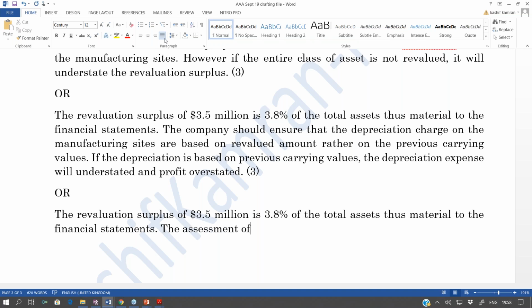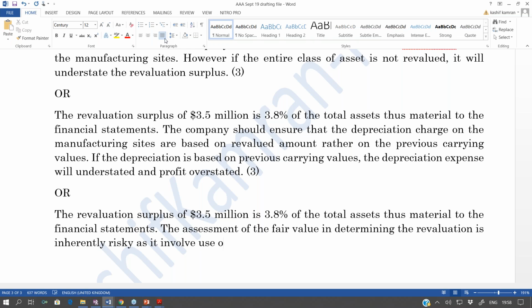The assessment of the fair values in determining the revaluation is inherently risky as it involves use of estimates and greater subjectivity. Is that true? Do you all believe that? That the assessment of the fair value in determining the revaluation is inherently risky as it involves use of estimates and greater subjectivity?